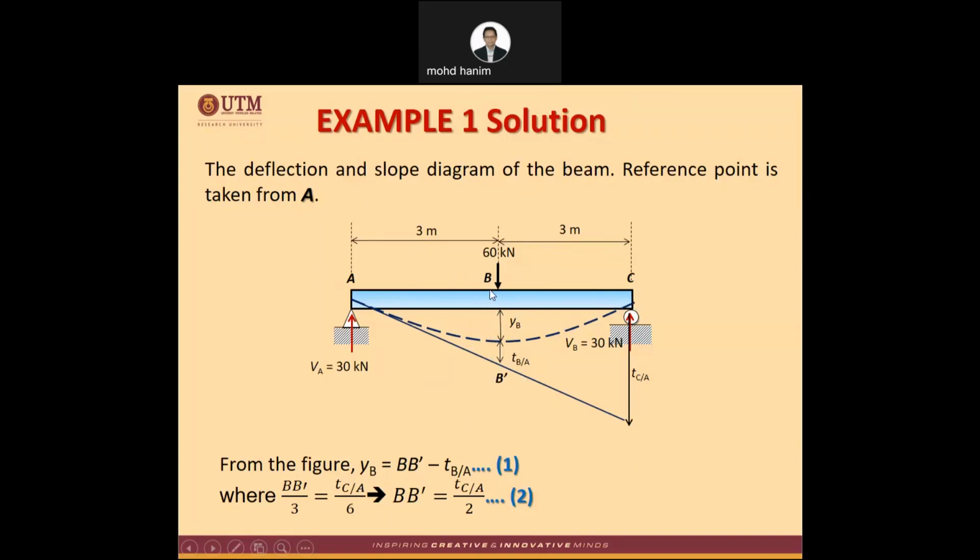Therefore, BB dash equals TCA over 2. In other words, BB dash is half of TCA. It is clear here. But remember, BB dash is not the deflection. The deflection is YB.